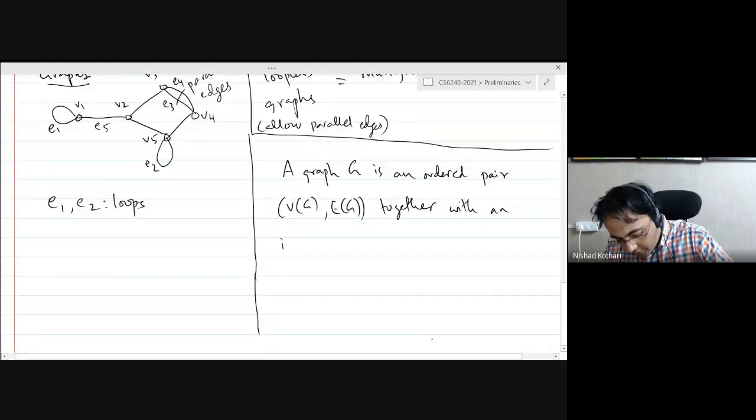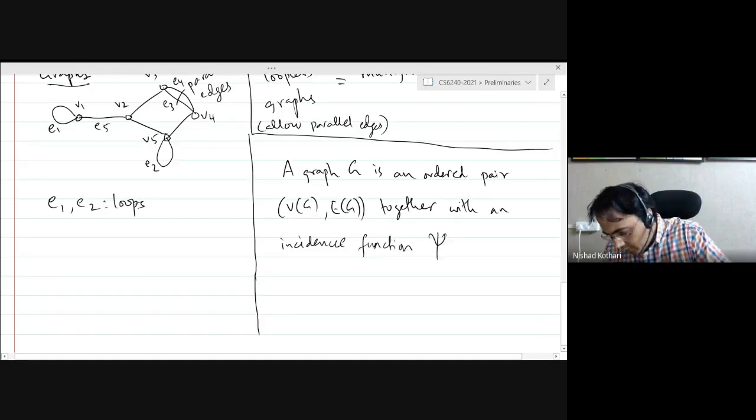Together with an incidence function, is this called psi? I think it is called psi, doesn't matter. Some Greek symbol.